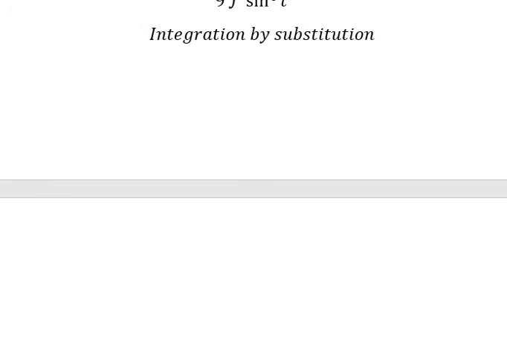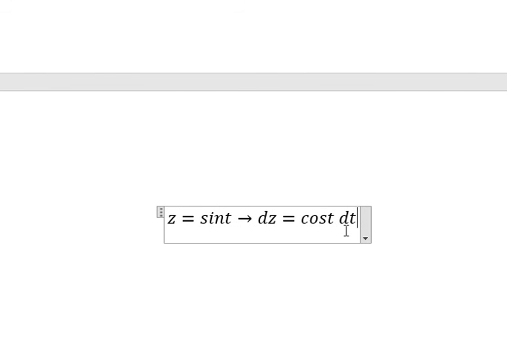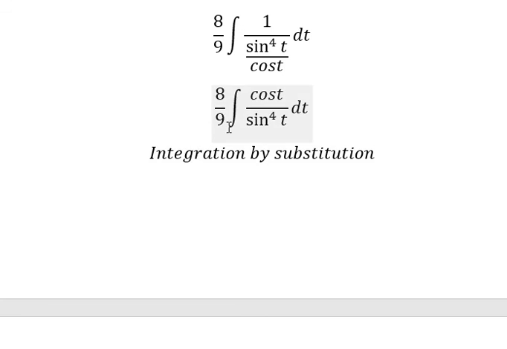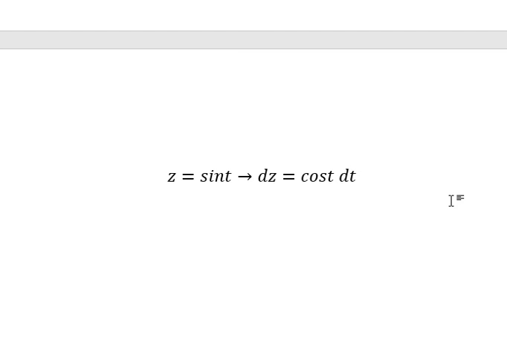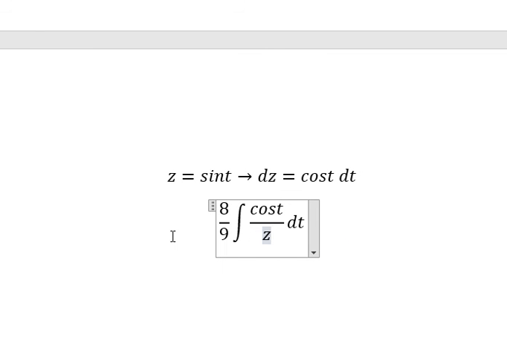So, I will put z equals to sin t. So if I do the first derivative for both sides, you get cosine t dt. And now we go back in here. Sin t we change by z to the power of 4. Cosine t dt we change by dz.